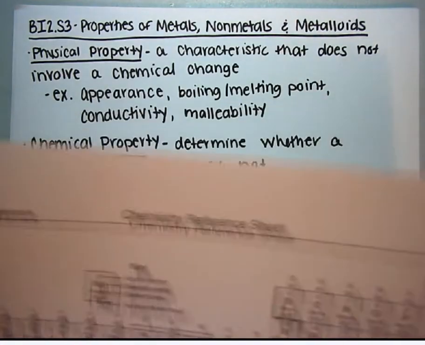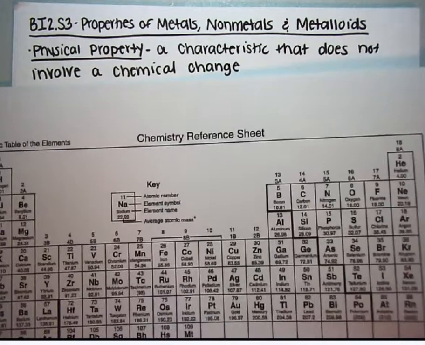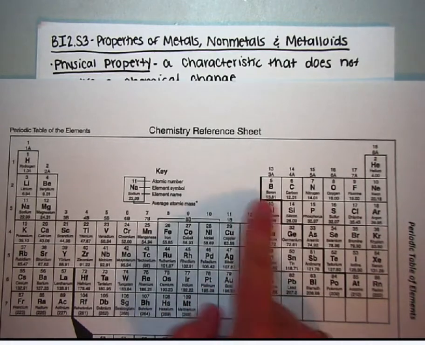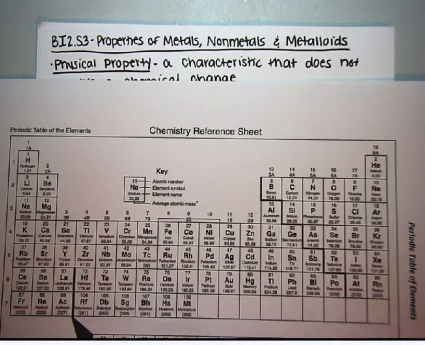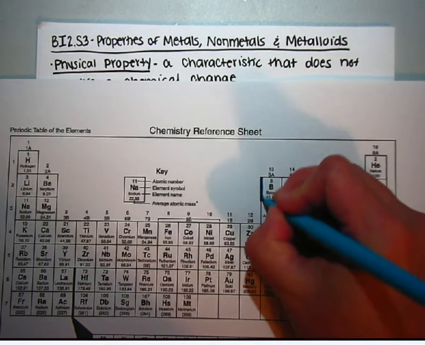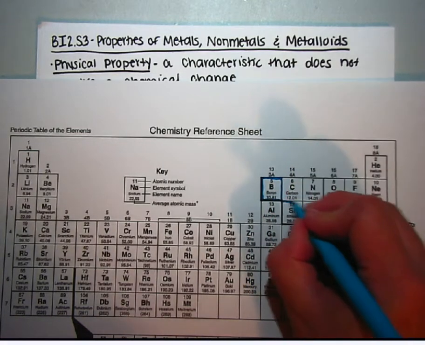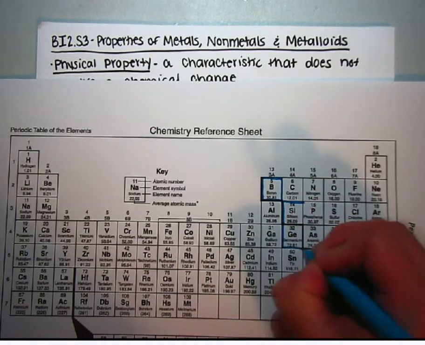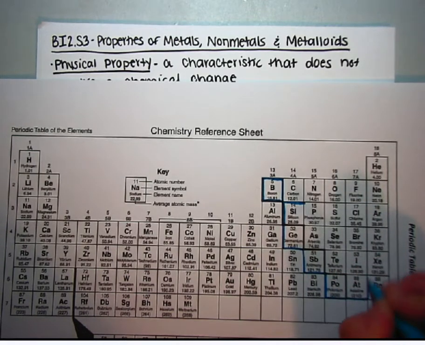So first, let's do a quick review of where we find those elements on the periodic table. So notice the dark black line that is running through the right side of the periodic table. We call that the staircase. Elements that are on the staircase, with the exception of aluminum, are going to be the metalloids.